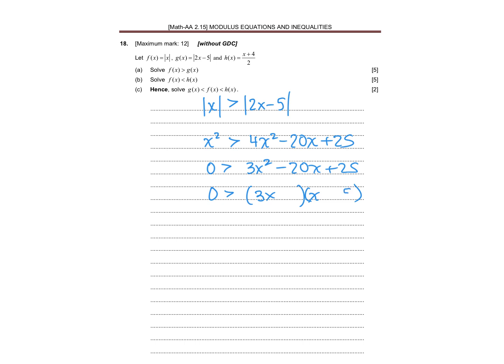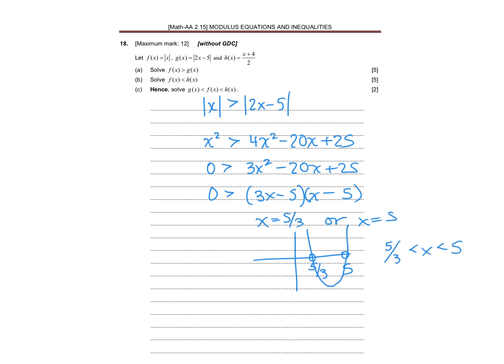So 5 and 5, negative. So x is 5/3, or x is 5. Open circle, quadratic. We want it less than, so it's in between 5/3 and 5.